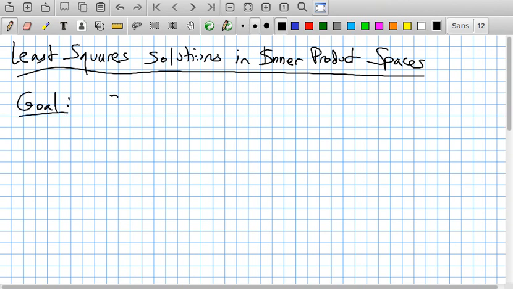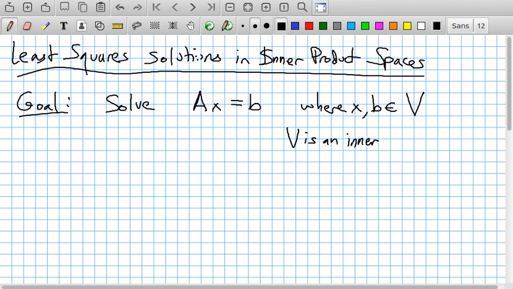is to solve Ax = b, where, and we've got a bunch of assumptions here, b and x are in some inner product space, and A takes V to V and is linear.